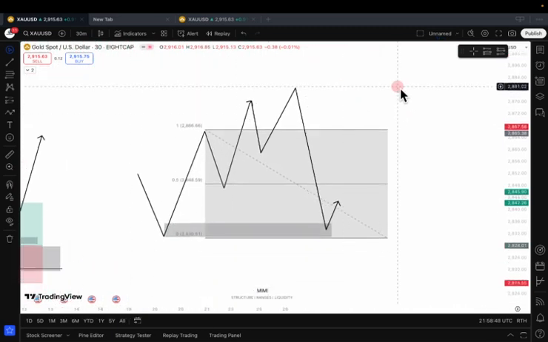GBP/USD, sometimes USD/CAD or USD/JPY, one of those. Then BTC, Ethereum. The few of them I've checked. I cannot check all pairs.